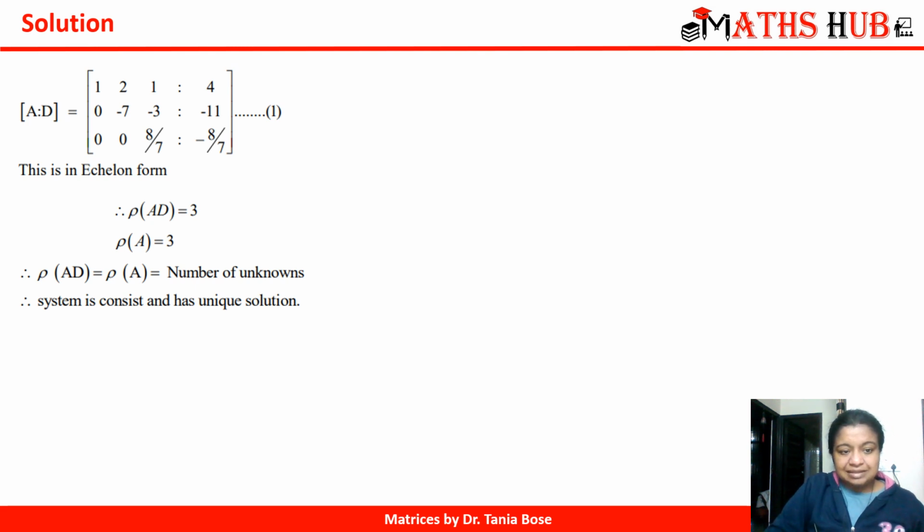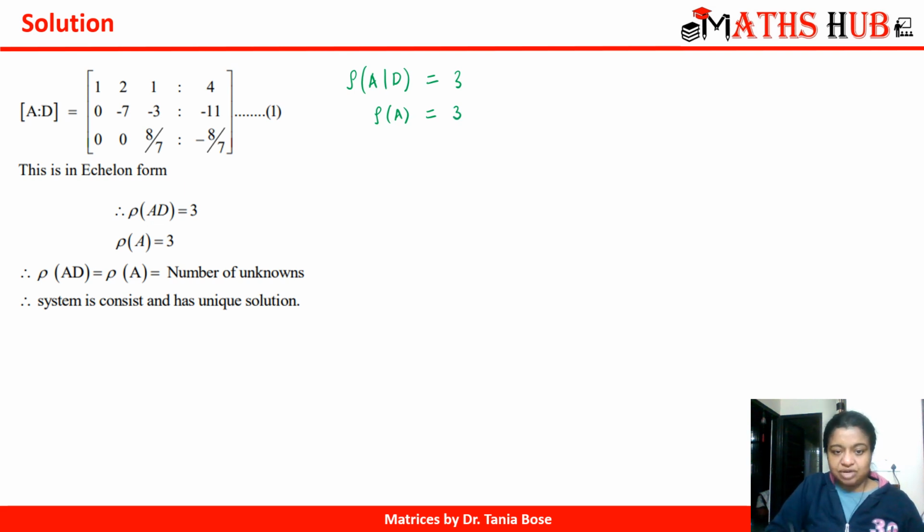At this stage, we can find the rank of A augmented B from here. There are 3 non-zero rows, so the rank of A augmented B is 3. And what is the rank of A in this case? If I hide the right hand side vector, we again get 3 non-zero rows because this entry is a non-zero one.